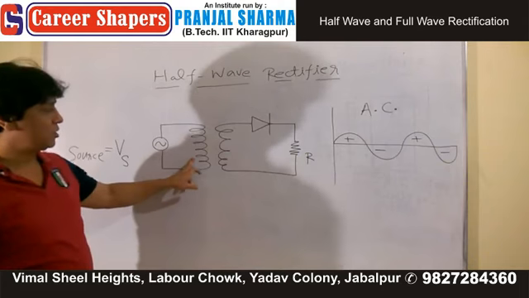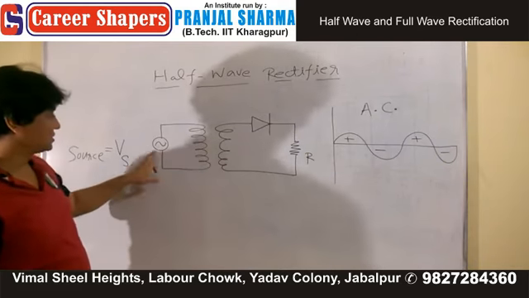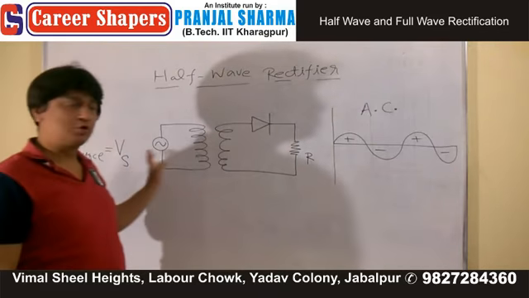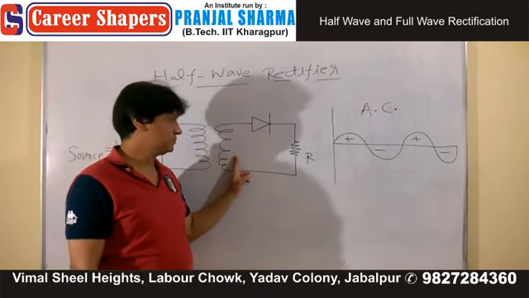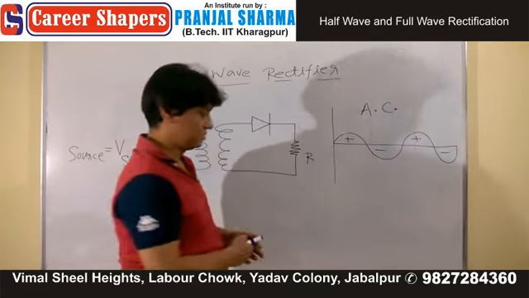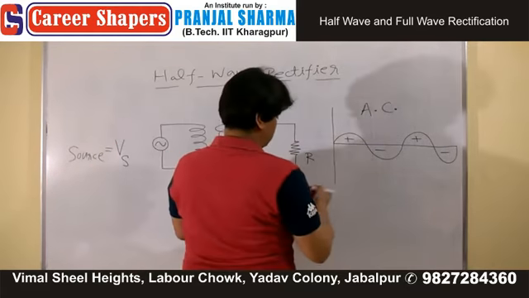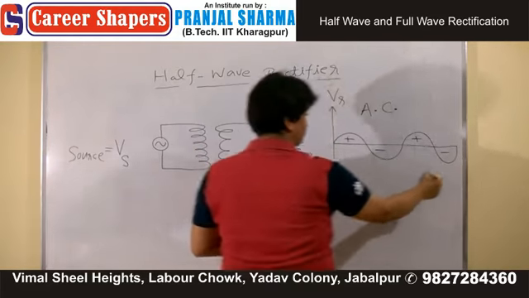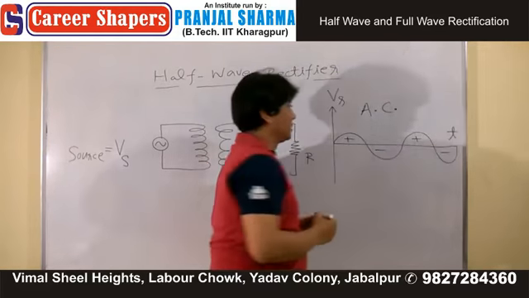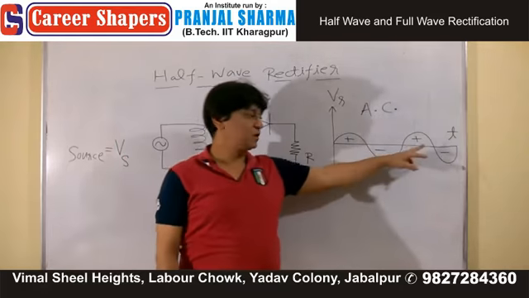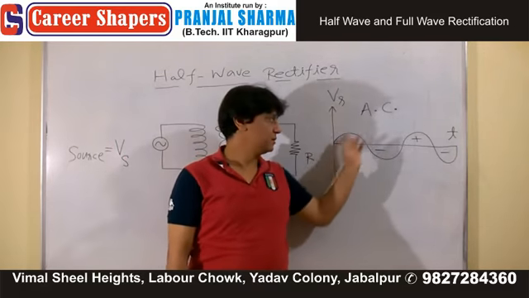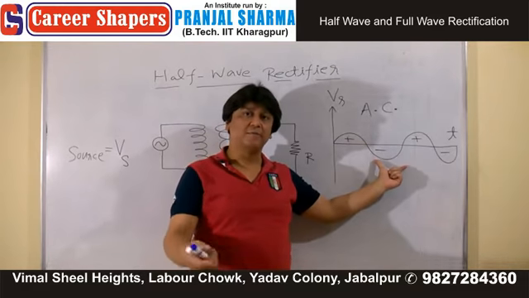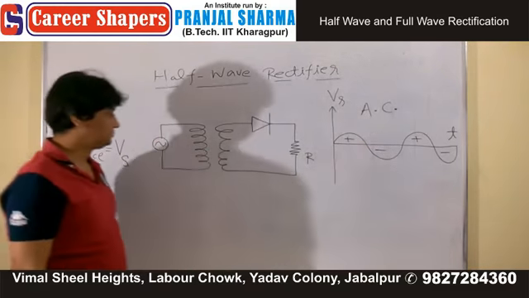This is your primary coil, this is your secondary coil. This Vs stands for source. The same source voltage is available here, but this voltage is changing with time. Vs versus T is an alternating signal: half of the time positive, the remaining half negative.